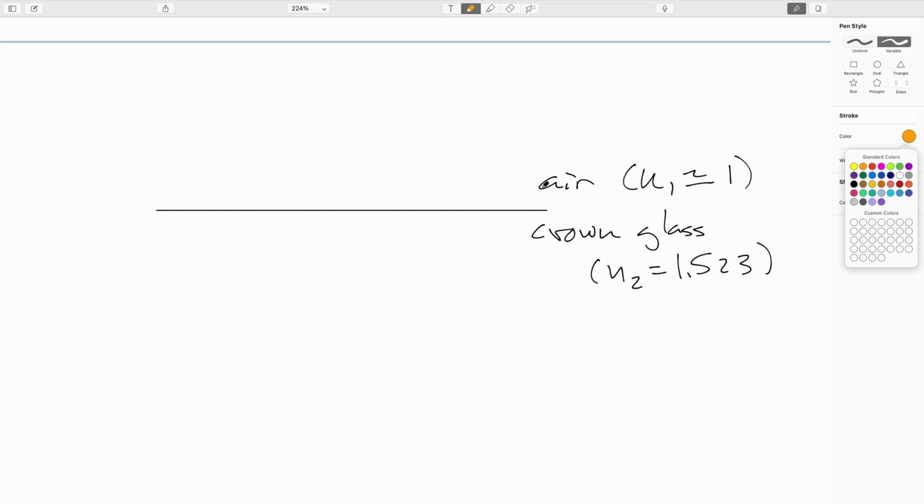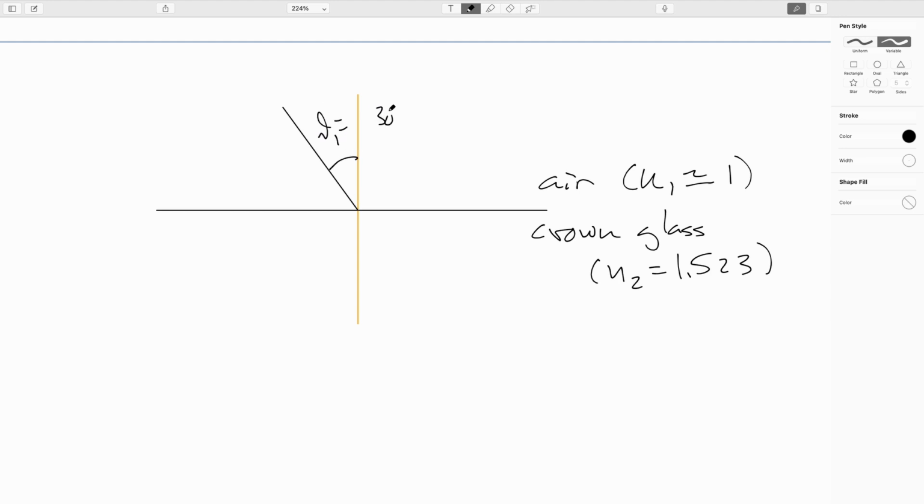So let's say we have a ray impinging on the surface here, making an angle of 30 degrees with respect to the normal. Now we know we're going from a low index to a high index, so this means you are going to bend towards the normal.